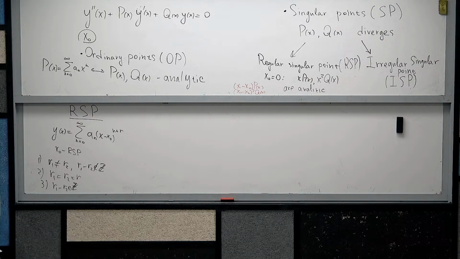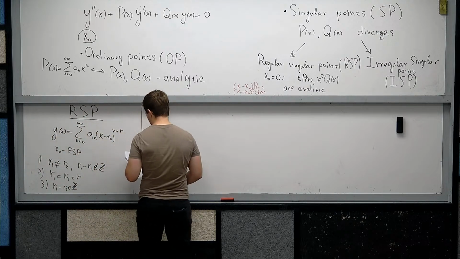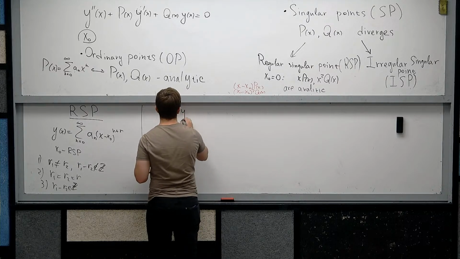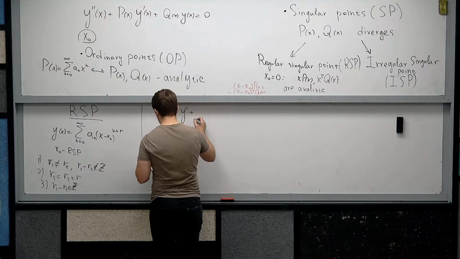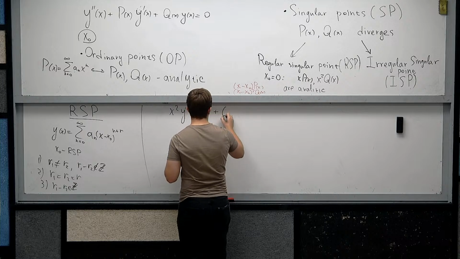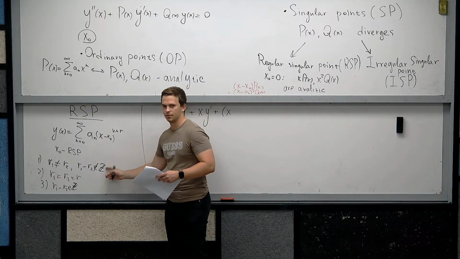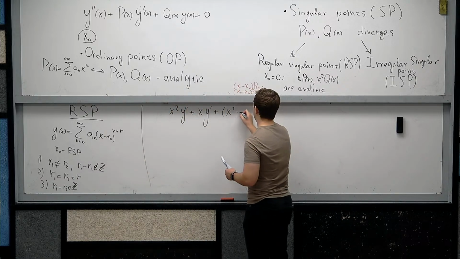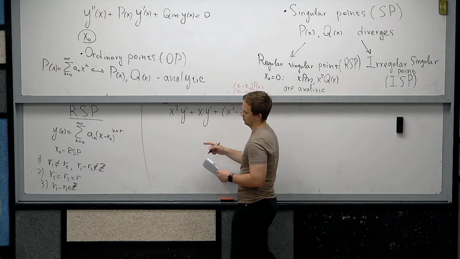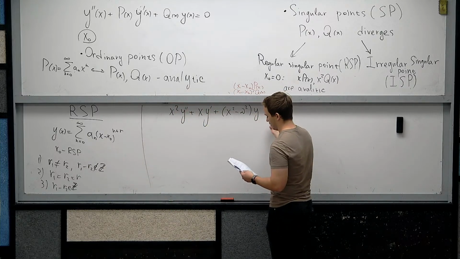So for the first example, look at the Bessel equation. By the way, it is a useful example because from this equation you can cover all of these three cases, just by changing this parameter. That's why I decided to pick this equation.